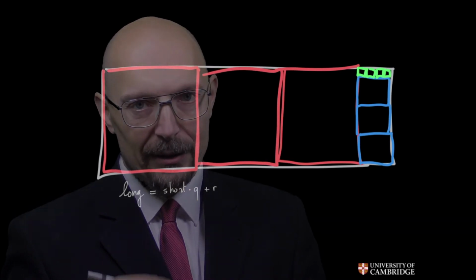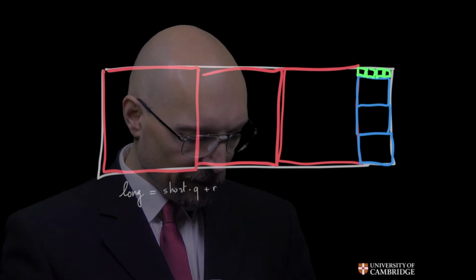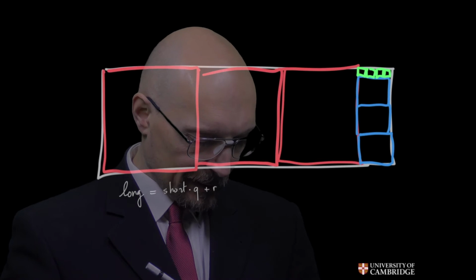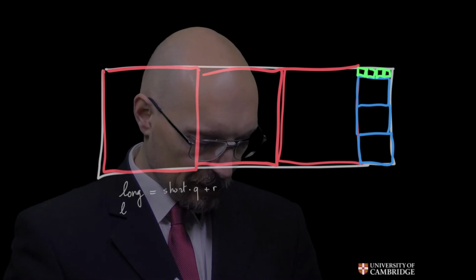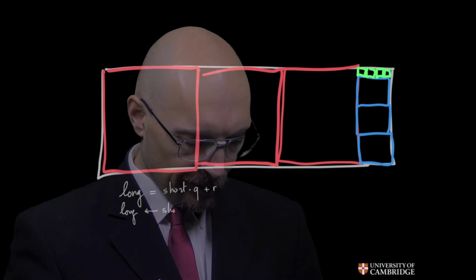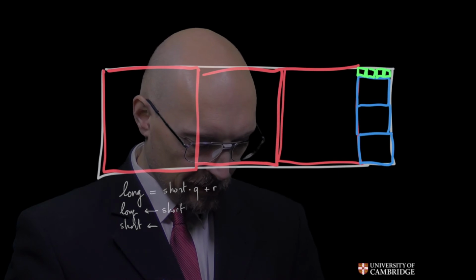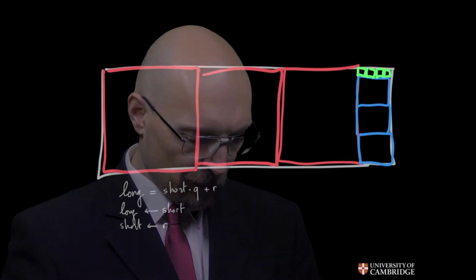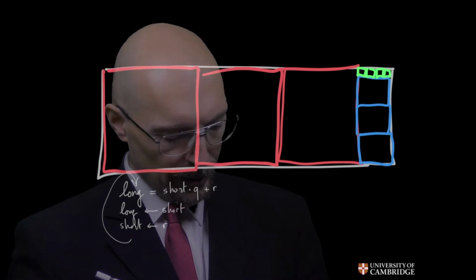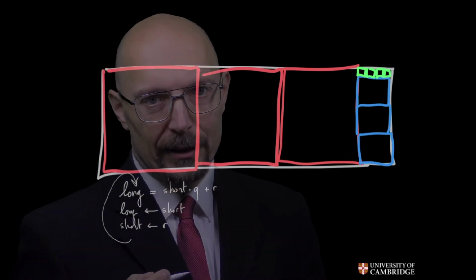And if the remainder is not 0, then I repeat the operation by saying that the long side is now the short side, and the short side is now the remainder, and then I go back and do the same until the remainder gets to 0.